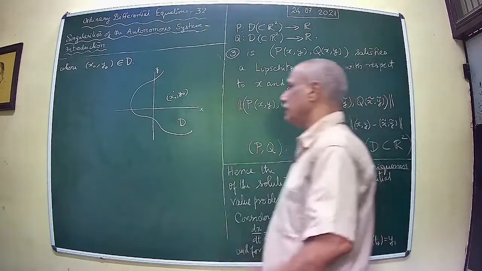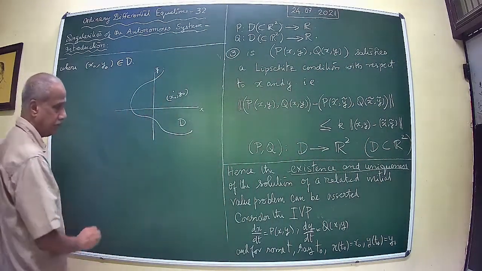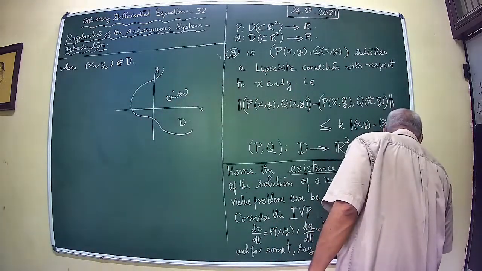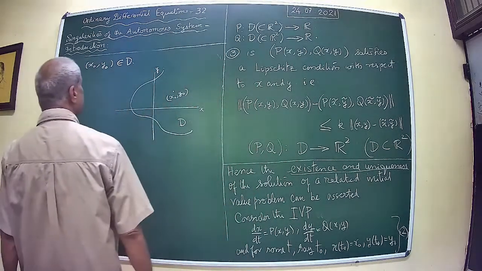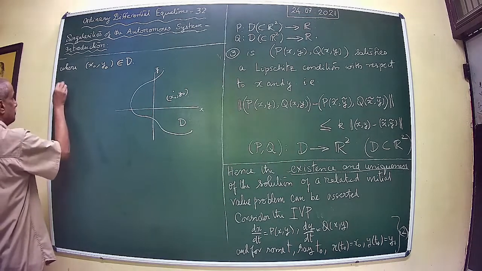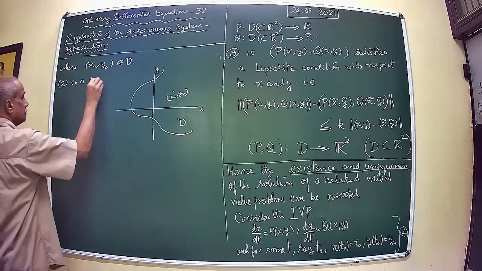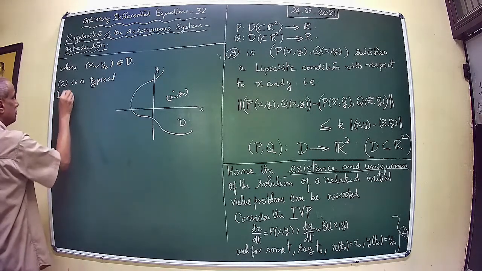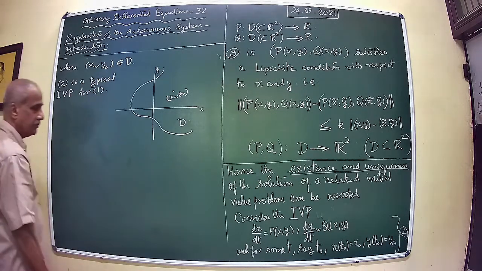Let us look at the geometry of the problem. So this is the initial value problem, we denote it by 2, of the system 1.